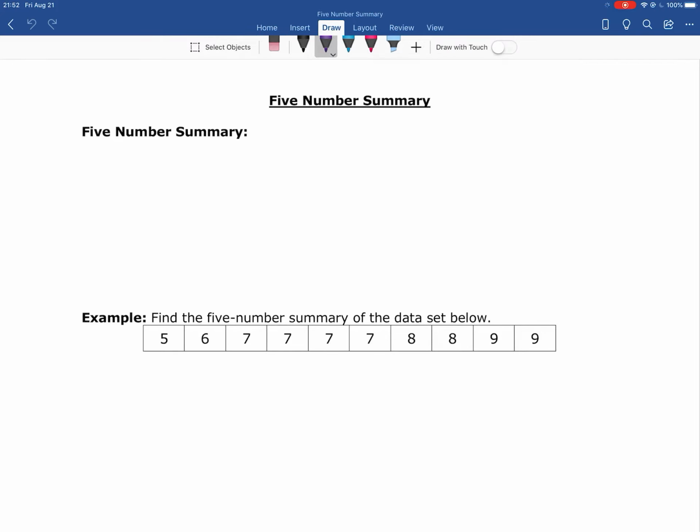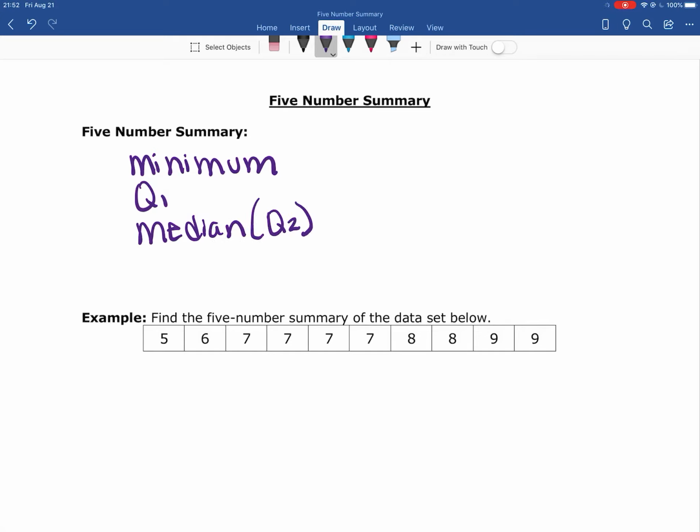The 5-number summary consists of the minimum data value, so that's the smallest data value, our first quartile value, the median data value, which remember is also known as the second quartile, the third quartile value, and finally the maximum. These 5 numbers are a way to summarize our data set.